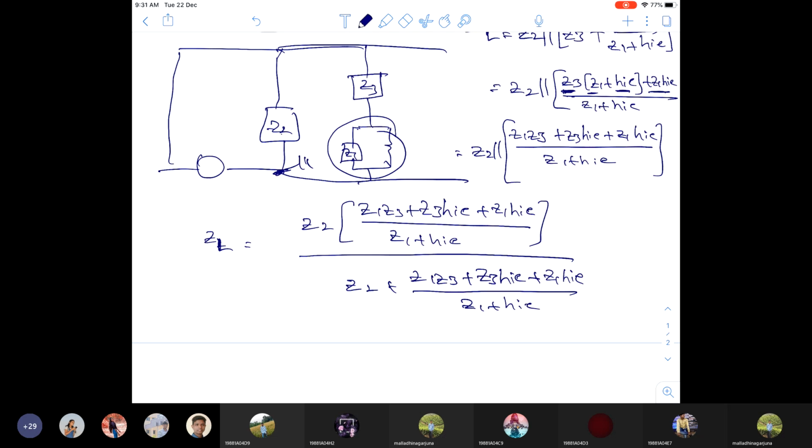In the parallel combination, R1 parallel to R2 means R1 into R2 by R1 plus R2. That's the same formula I'm using, with Z2 parallel to this term.